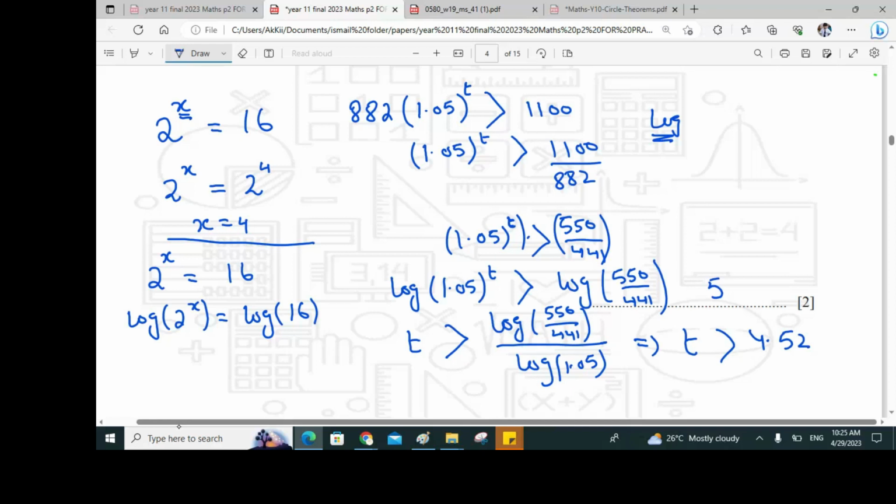I already told you that when the logarithm is taken, the power can come in the base. So this x will come down. It will be x is equal to log 16 divided by log 2. So if you solve it with a calculator, if you put log 16 divided by log 2, the answer will be 4. So the x value will be 4.